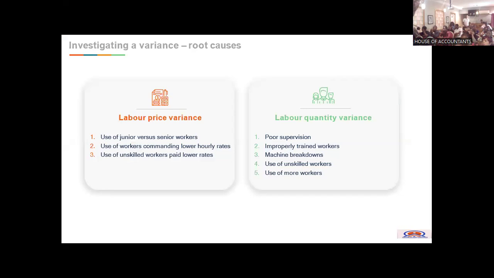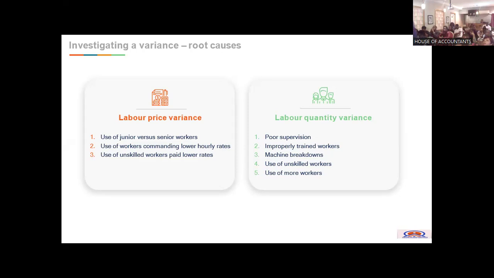And very quickly, labor price can also change. Use of junior versus senior workers. So maybe you plan to use a senior worker, later say, let me manage this, let me use a junior worker to do this. So those are the causes. These are the factors that can cause the variance. Poor supervision can also cause the variance. Then improperly trained workers can also cause the variance.